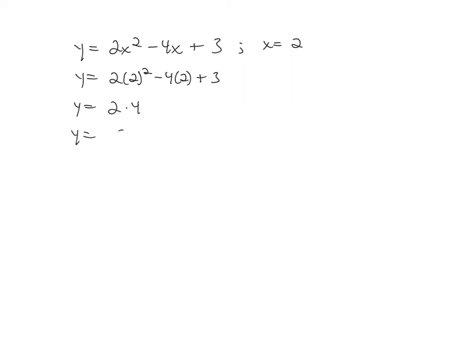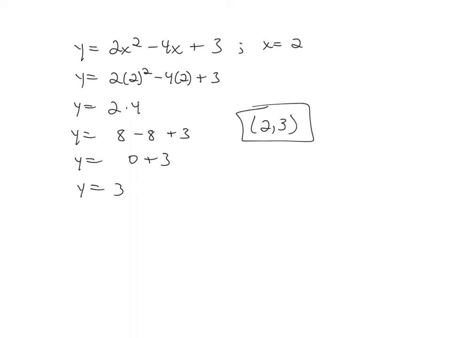Then I always multiply these together and work with the rest of the problem instead of just copying it all down. -4 times 2 is -8. 8 minus 8 is 0. Plus 3 is 3. Write your answer as a coordinate.